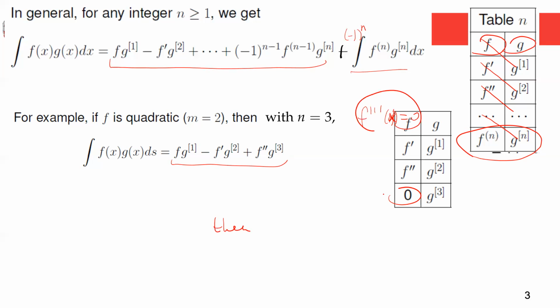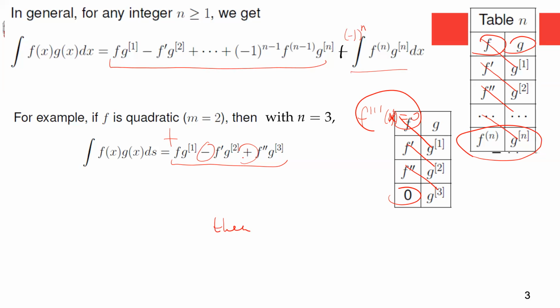So we only have 1, 2, 3 diagonal products, and we combine those 3 products with plus, minus, plus signs, and that's the answer. So there's no more u and v in this solution.